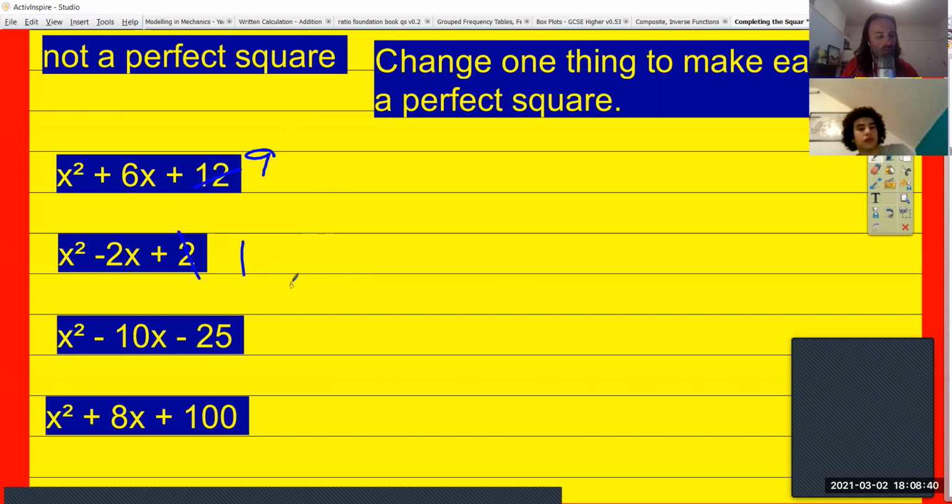Third, change the minus to plus on 25. The fourth one, change 100 to 16. And what if you changed B? You can change 8 to 20. Yep, that's it, 20 or 16. Okay, great.